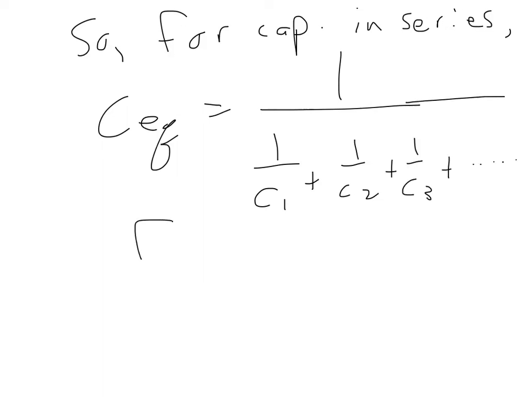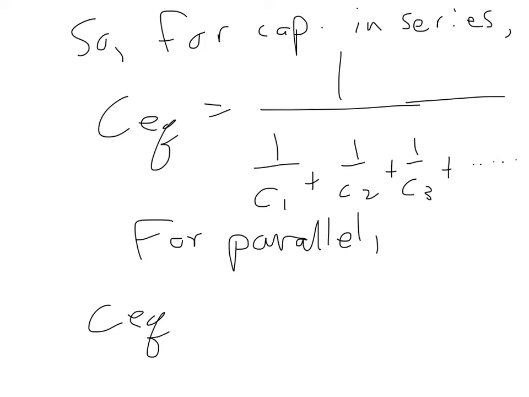And for parallel, you could say that the equivalent capacitance is equal to just simply the sum of however many capacitors are in parallel. Okay, hopefully this will help you.